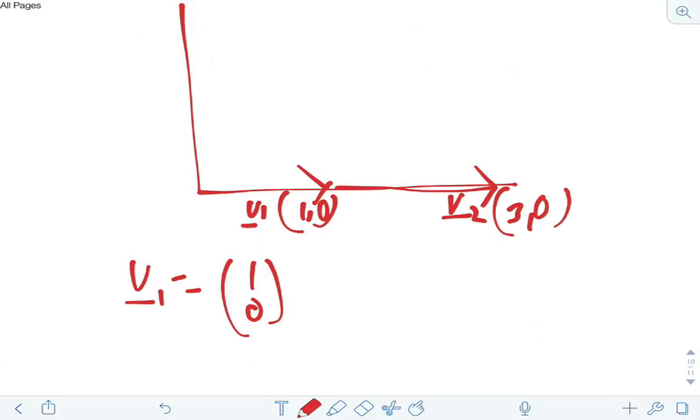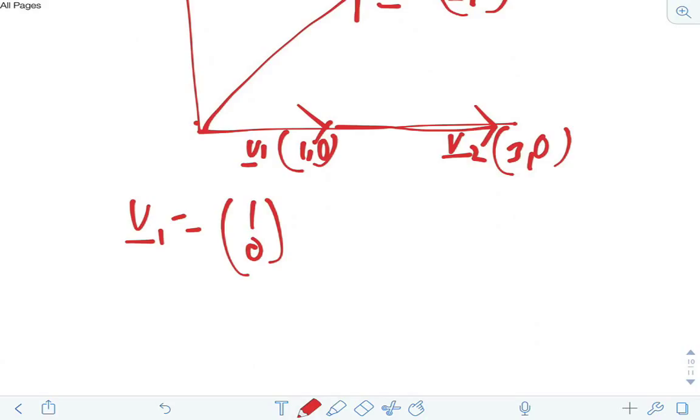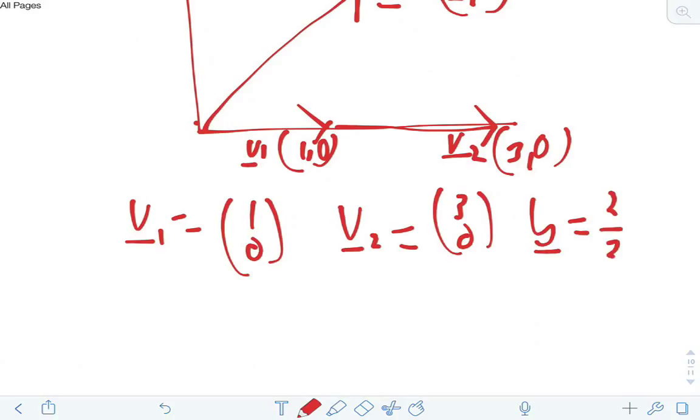And this were b equals 2, 2. So v1 is 1, 0, v2 is 3, 0, and b is 2, 2. Is there any combination of these vectors, v1 and v2, that will make a b?